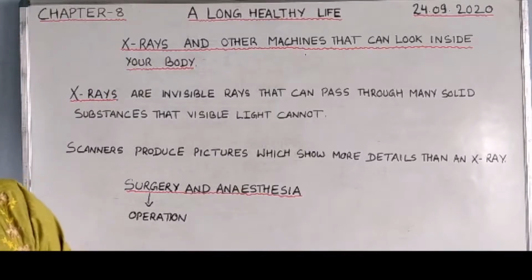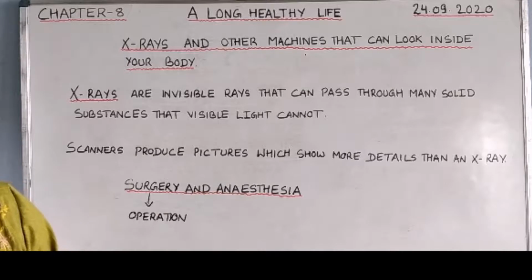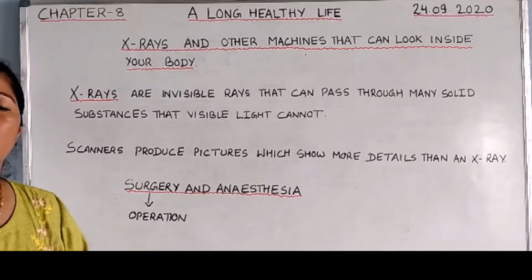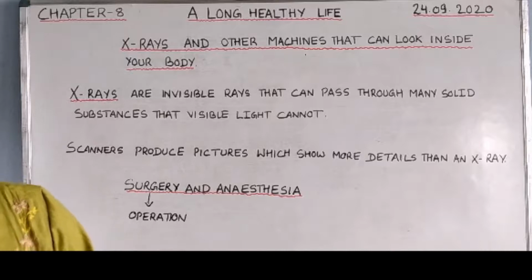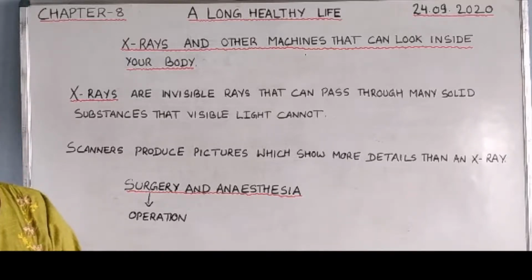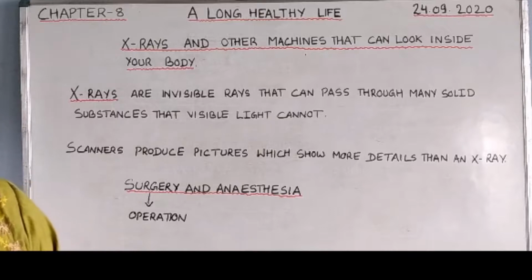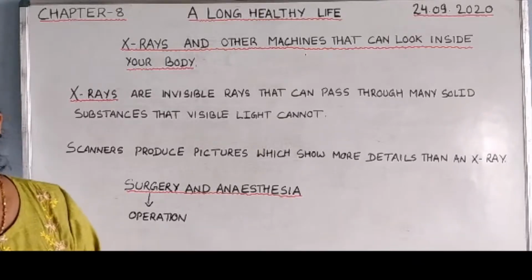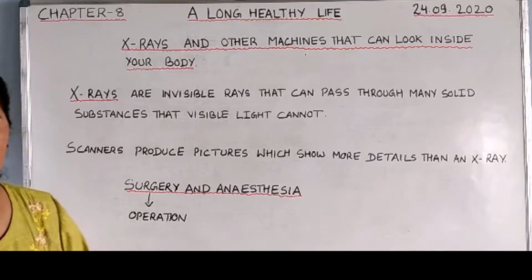Usually a surgery is performed by expert doctors using many instruments and medicines. Today surgery is used for many purposes, like amputation, which involves cutting a part of the body, like the hand or whichever portion is infected. It is also used for reconstruction surgery, that is, rebuilding of the injured part.